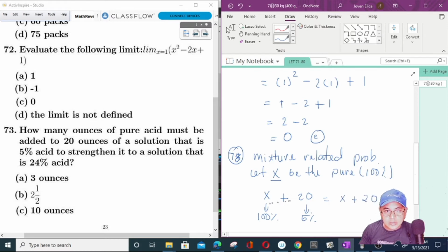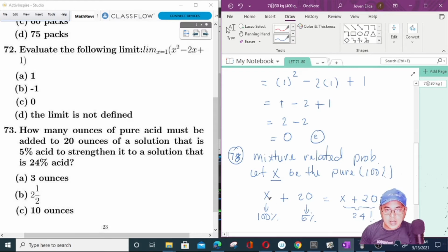Just get the total of these two solutions, and then the equivalent percentage is 24% acid.